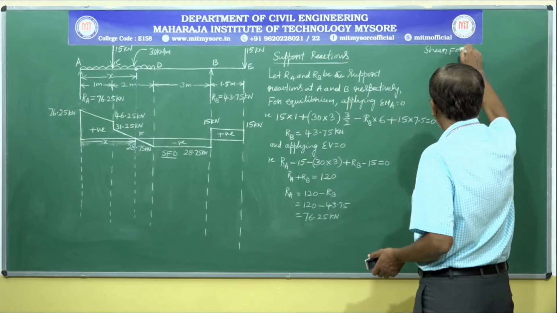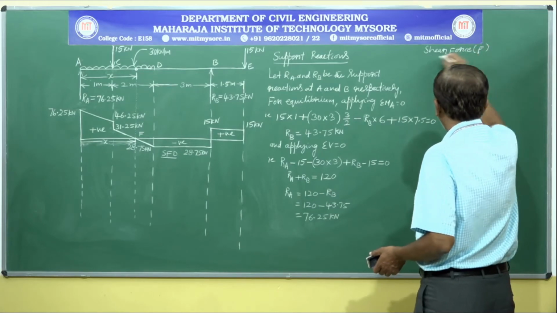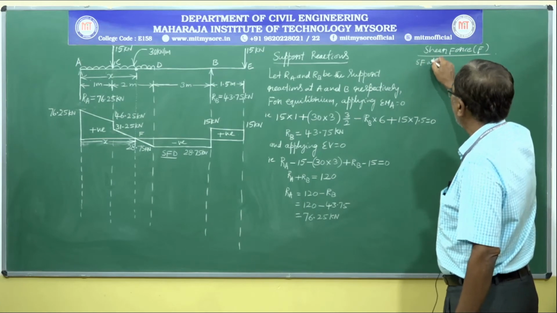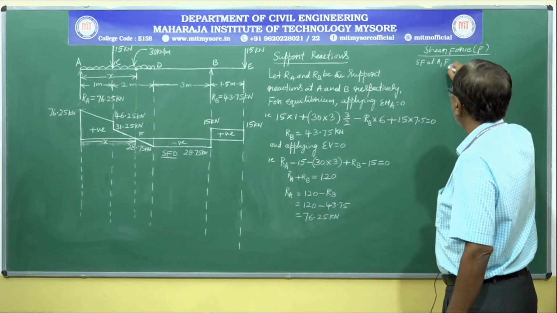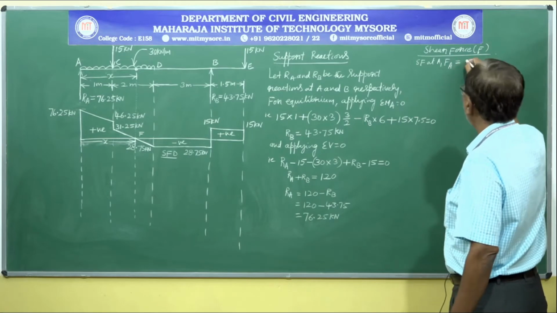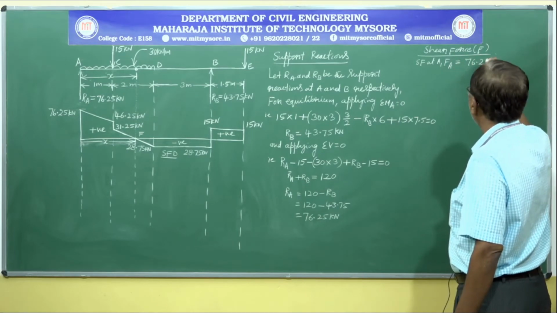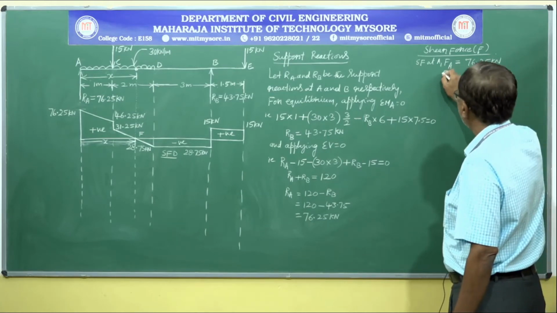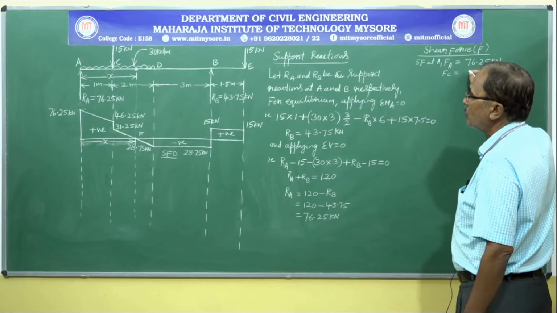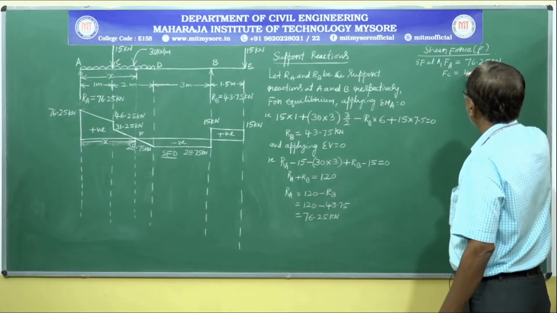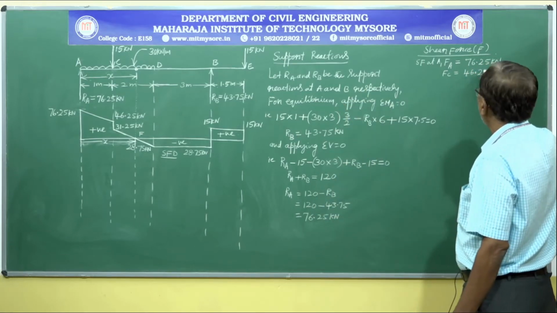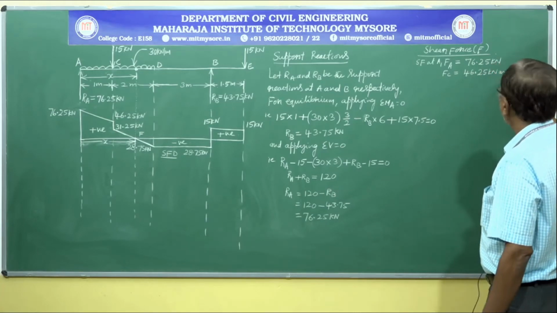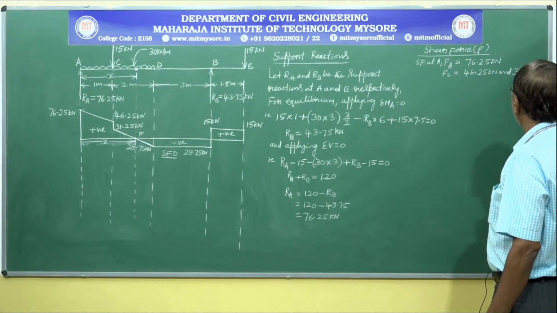Shear force at A, FA is equal to 76.25. Shear force at point C, FC is equal to, above the reference line positive, 46.25 kilonewton and another value 31.25 kilonewton.